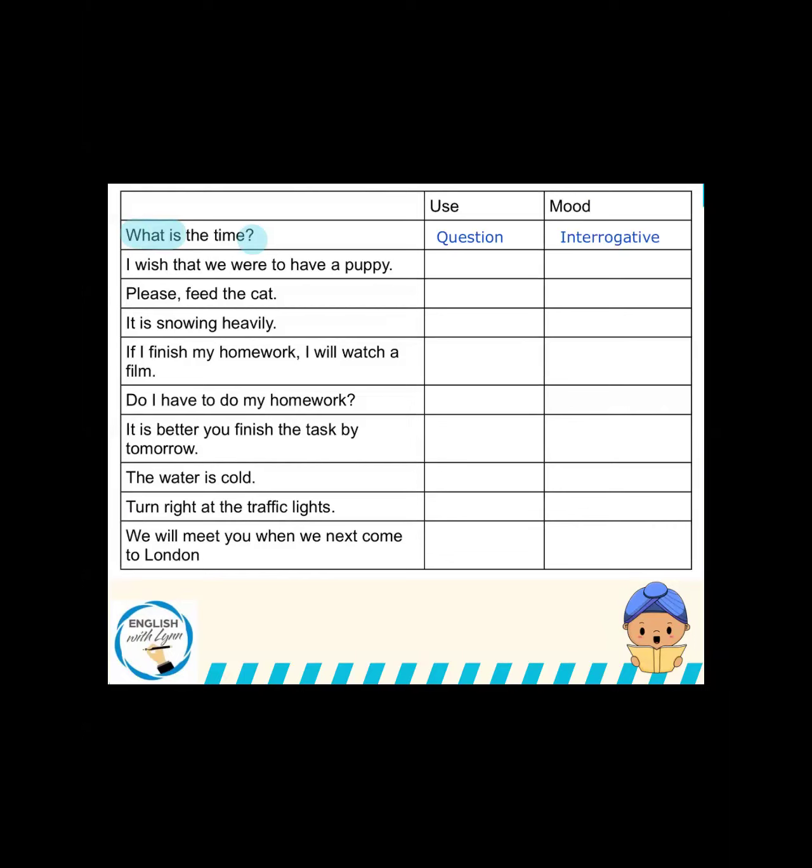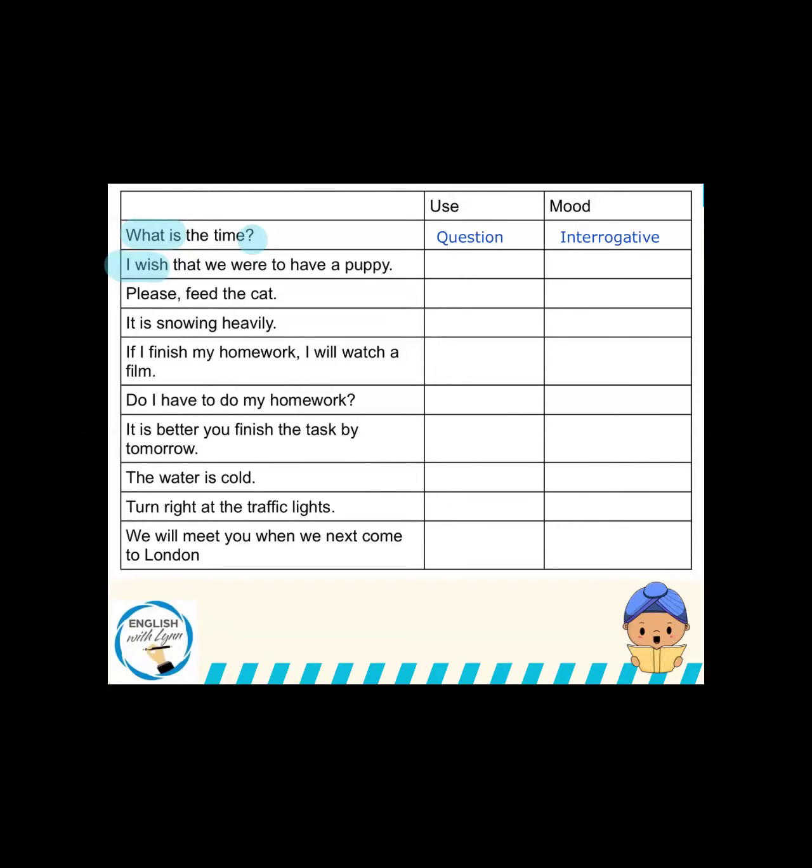Then next one, I wish that we were to have a puppy. Now this one, because I've got I wish, shows that it is indicating my hopes. But if I say I wish that we had a puppy, I'm making a statement, and that would be the indicative.